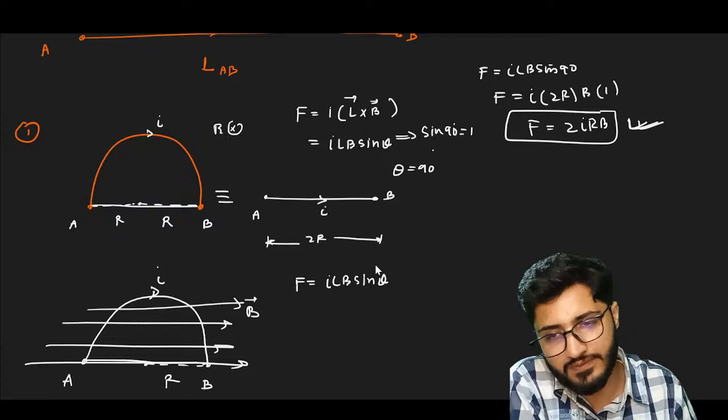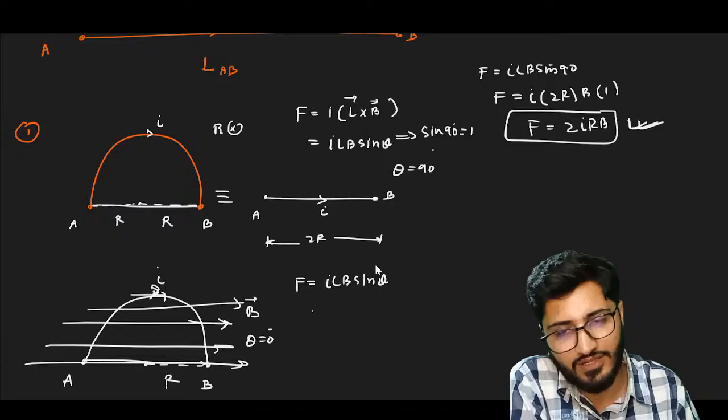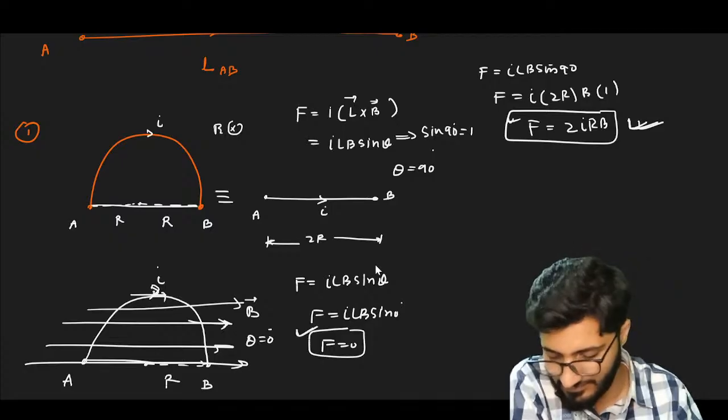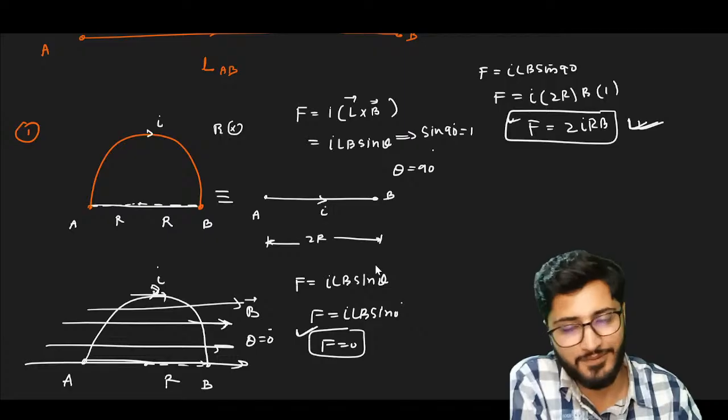This is your current, and B is in this way. Current is also in this way, so what is theta? 0 degrees. So F equals I L B sin 0, and sin 0 is 0. My F came out to be 0. Take your right hand and you will get the answer, A cross B.